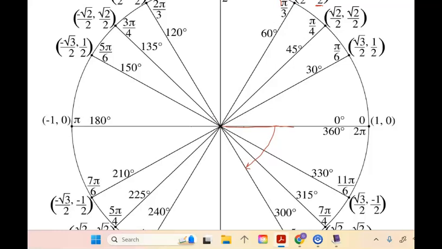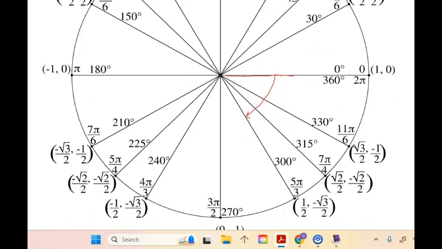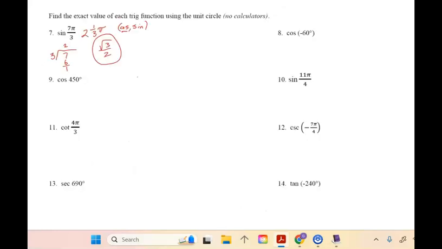Now in the unit circle, it's going to show 300 degrees. But remember, the unit circle is always made in terms of positive angles. So we have to know how these negative angles would be drawn. So this would be negative 60. And we're looking at cosine, so we look at the x-coordinate of that ordered pair. And pretty easy, our answer is going to be 1/2.